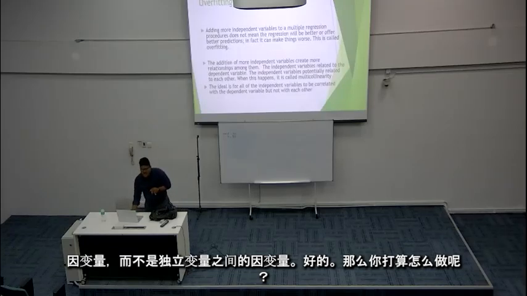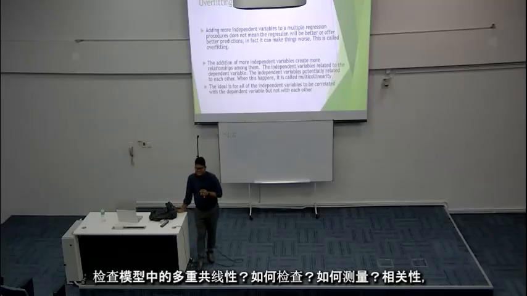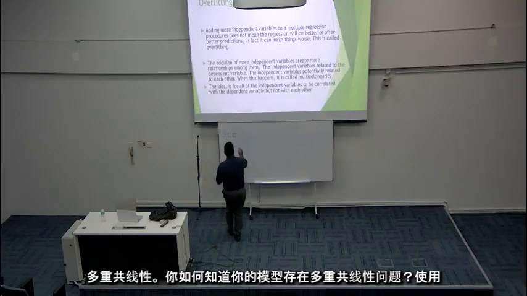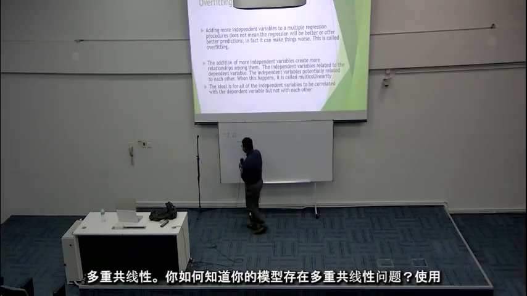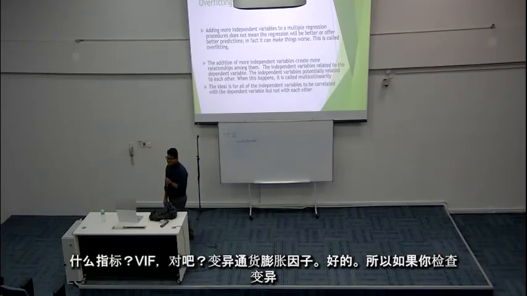So how are you going to check for multicollinearity in your model? How to check, how to measure? How do you know that your model has a multicollinearity problem? Using what measure? VIF, right? Variance inflation factor.